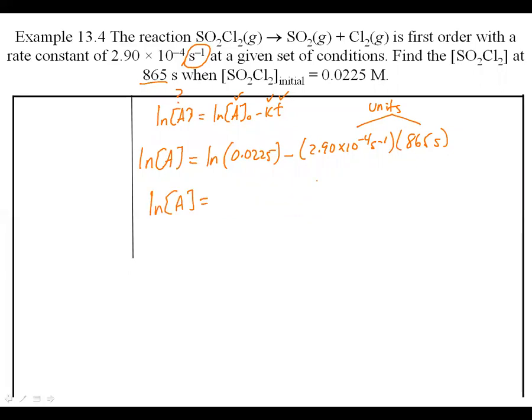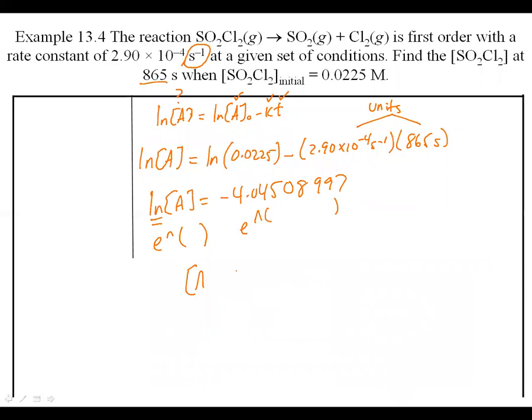I don't feel like writing a whole bunch of numbers. To get rid of the natural log, though, we do need to take the e of both sides. You take the e of that, and also the e of this here. When you do, the natural log goes away and that leaves you with the A.